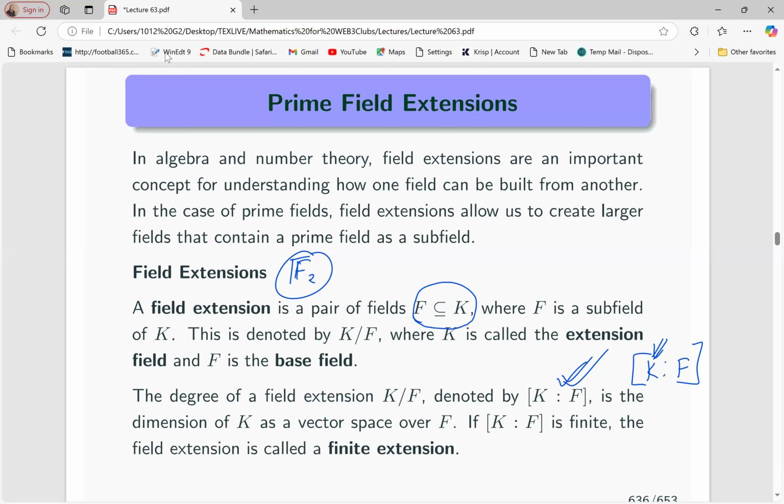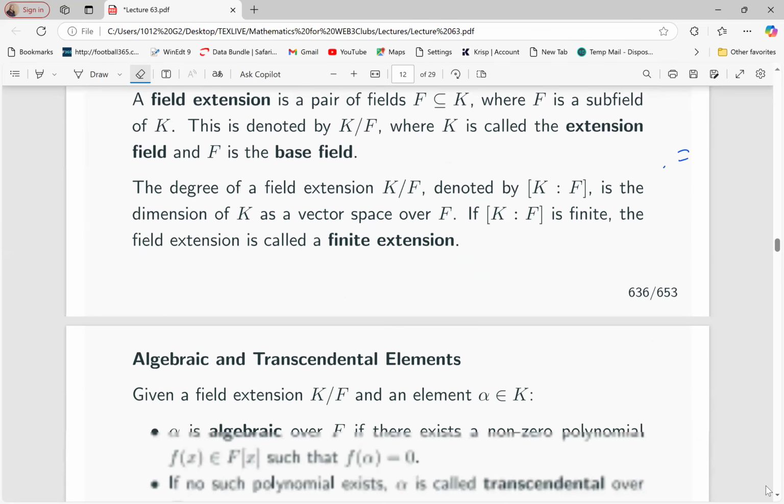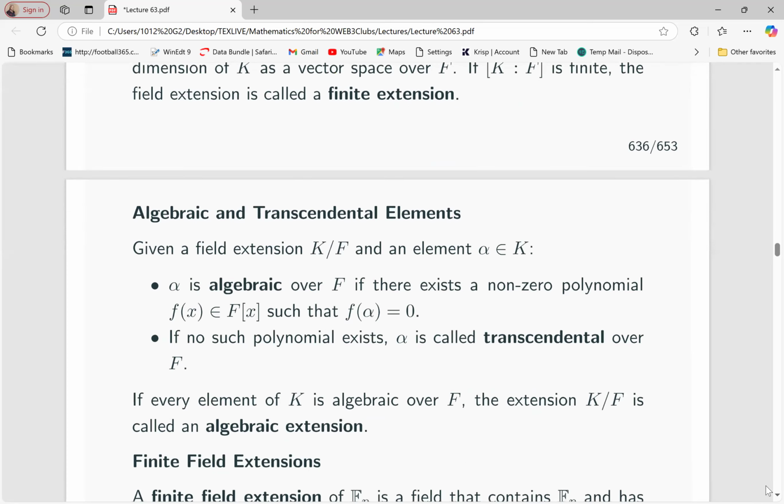That's what it's asking. These are just symbols, but we need to know them going forward.